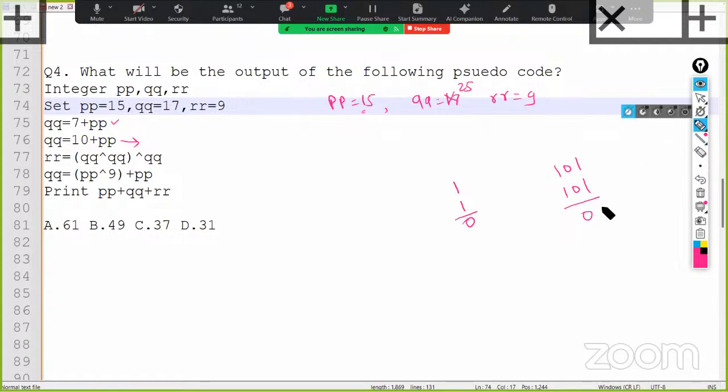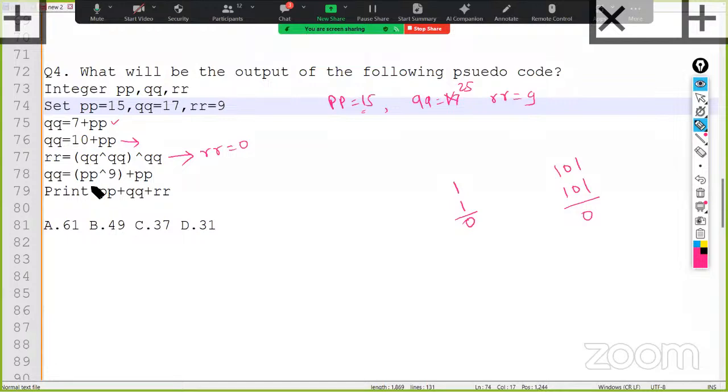Yes, it is 0. In XOR, if you have the same binary digit, it always returns 0. So 0 XOR 0 is 0, and 1 XOR 1 is again 0 itself. So the XOR of the same binary number is 0. Then why should I waste my effort writing it here? So the RR value is 0. Okay, I know the value of RR, that is fine, 0.